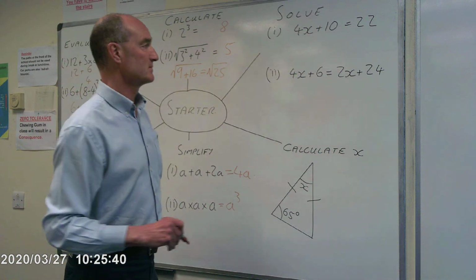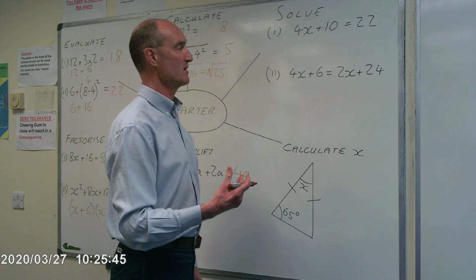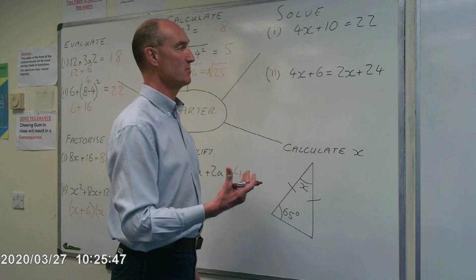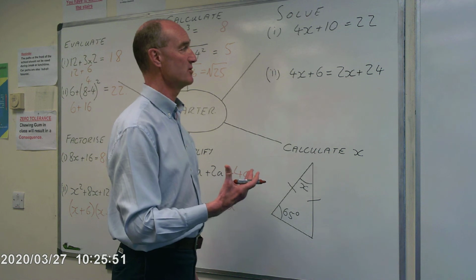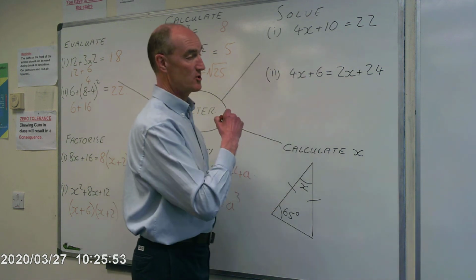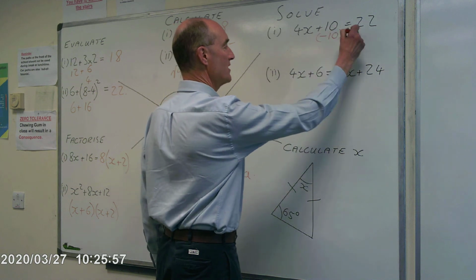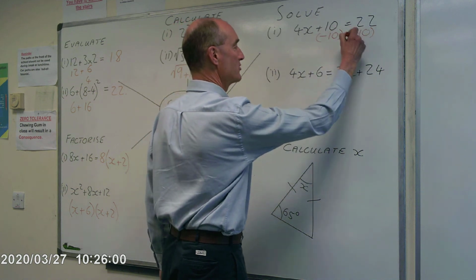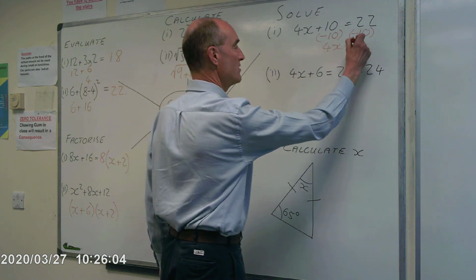Solving. 4x plus 10 equals 22. Balancing each side of the equation, we can do to the left hand side the same as we do to the right hand side. We're not changing the value of the equation. We want to get the x on its own. Subtract 10 from both sides gives me 4x equals 12.